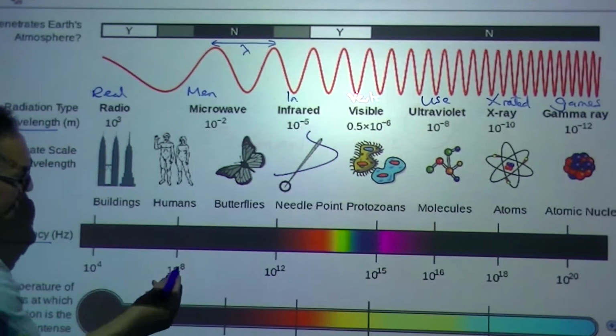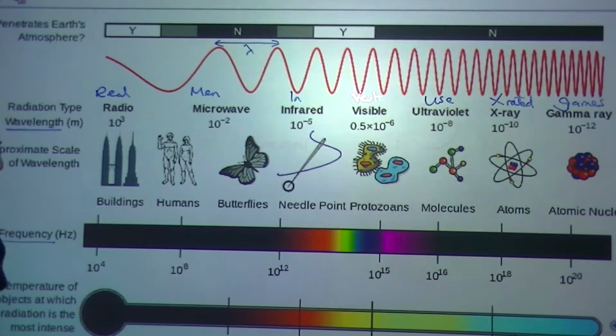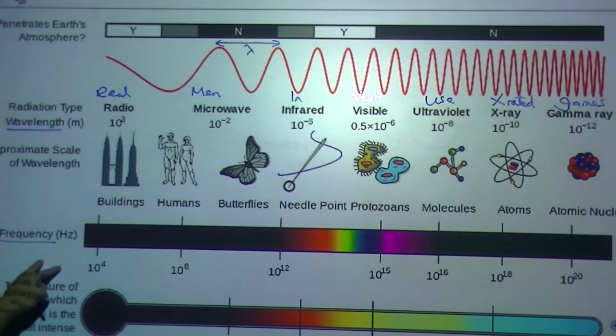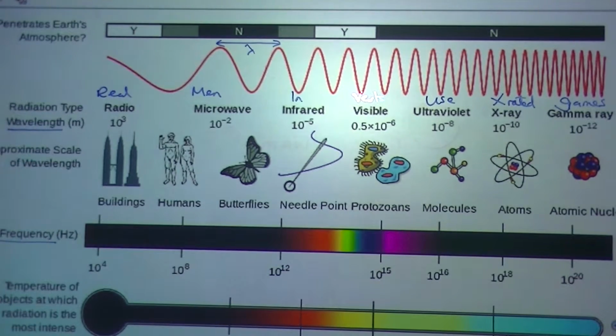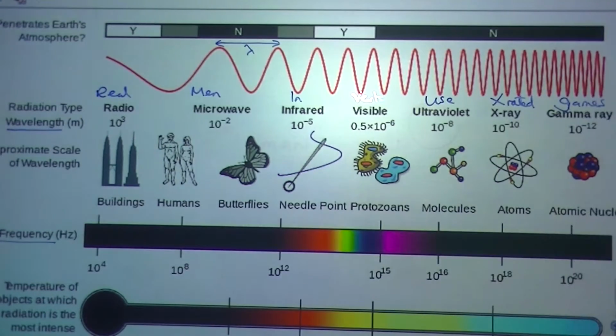There is no negative in the index. They're all positive numbers, and these numbers are getting bigger. So what is happening here is as you go from radio waves across to gamma, the frequency gets higher, gets greater. So as you go from left to right, there is more energy in the waves.